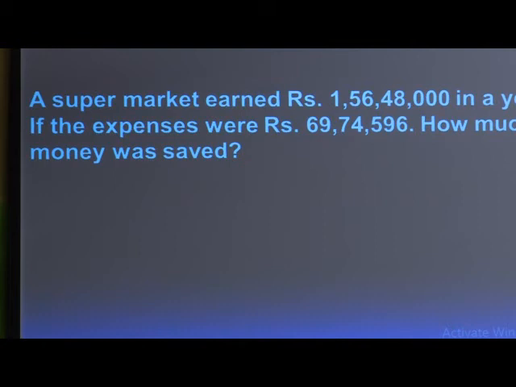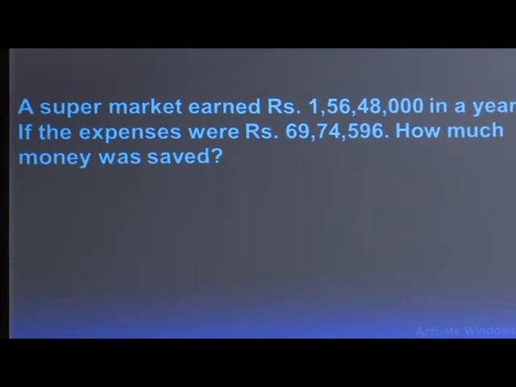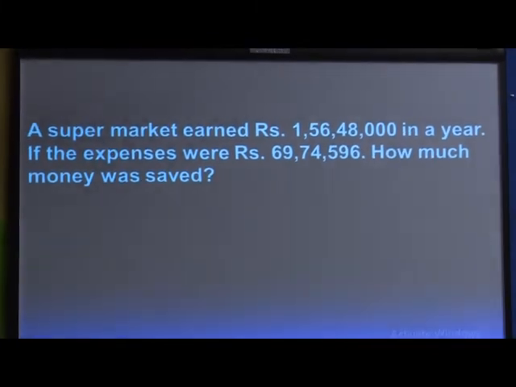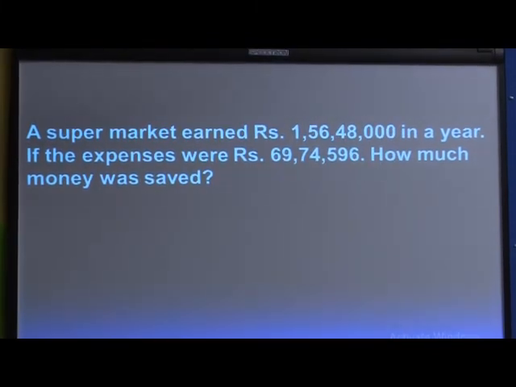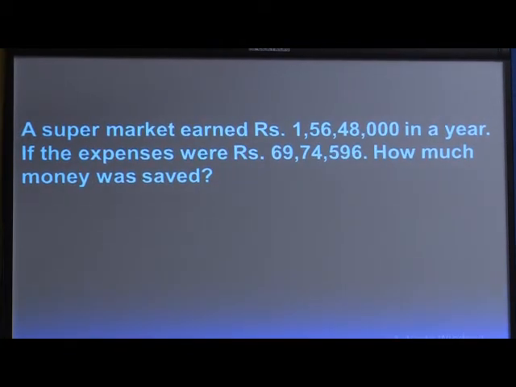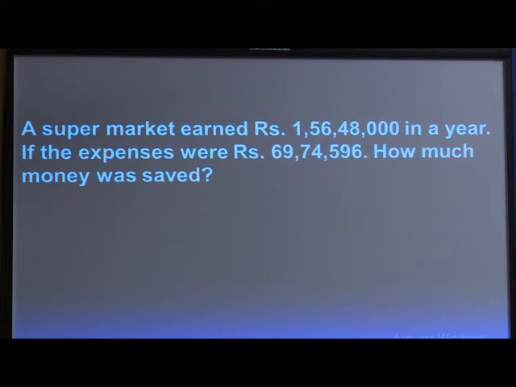Now, we will have a word problem like Rahul's father. A supermarket earns rupees 1 crore 56 lakhs 48,000 in a year. You know a big supermarket? Yes, we have a D-Mart in our Sholapur, Big Bazaar. We have some malls.